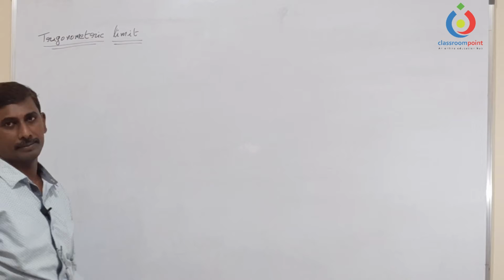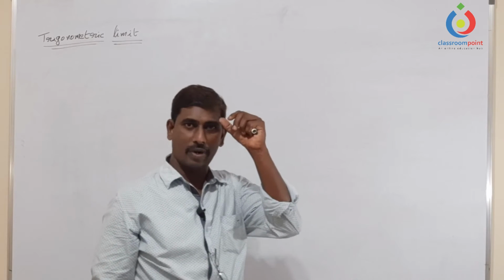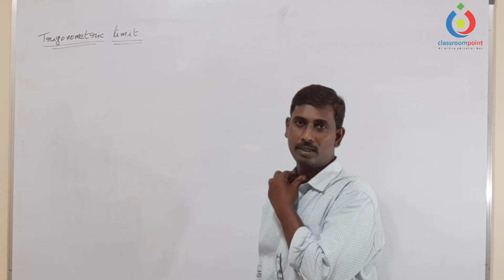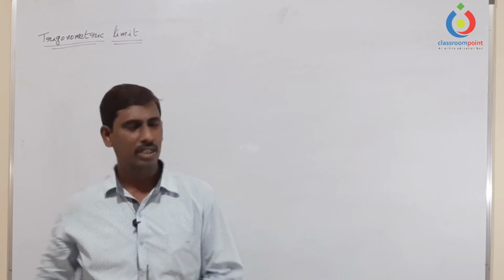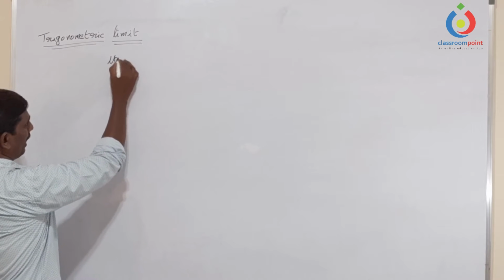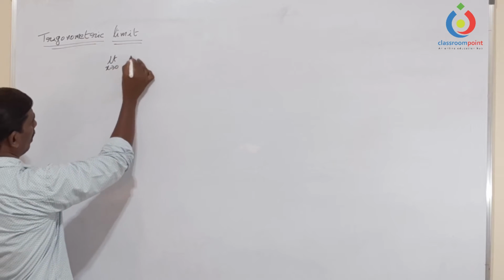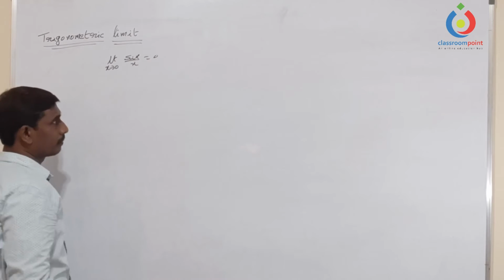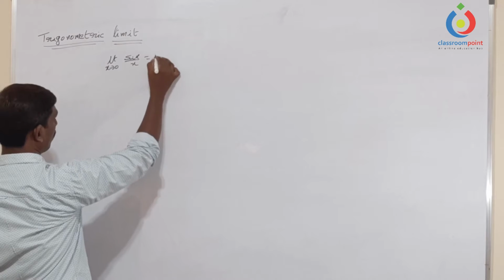How to find that? What is the simplification? How are we doing that? Actually, maximum people already know, everyone knows: limit x tends to 0, sin x by x is equal to 1.